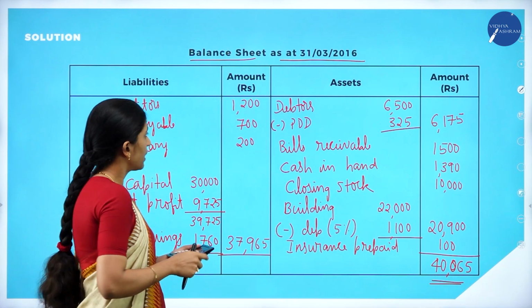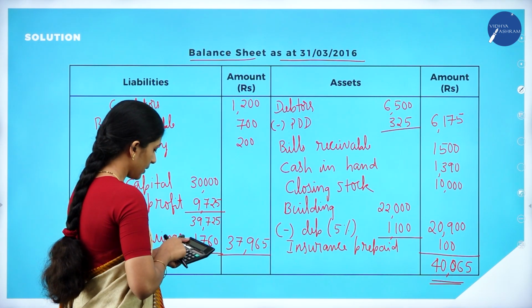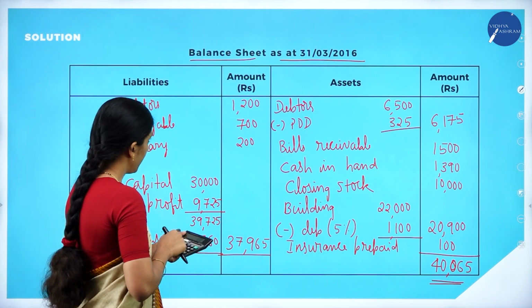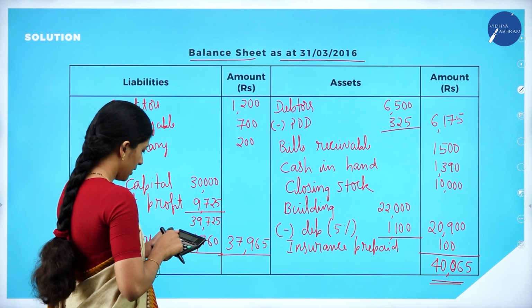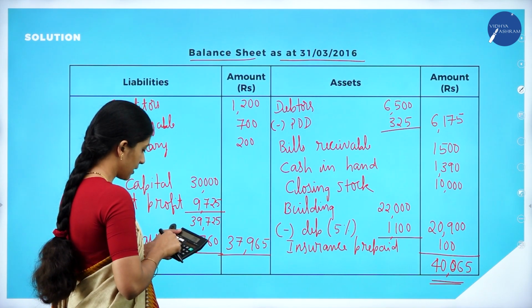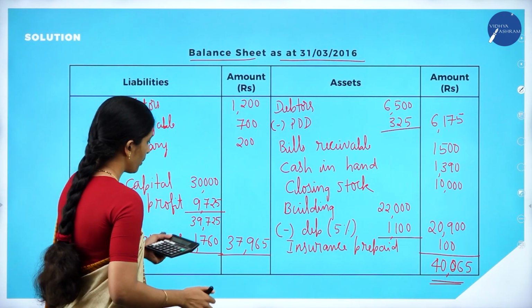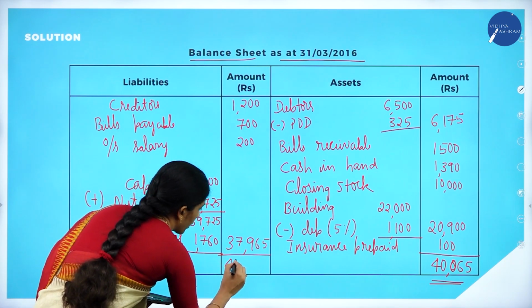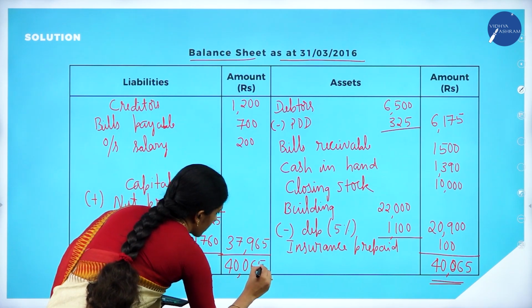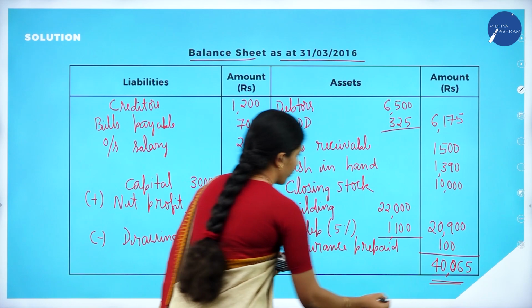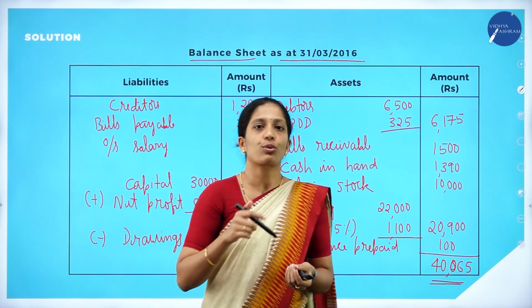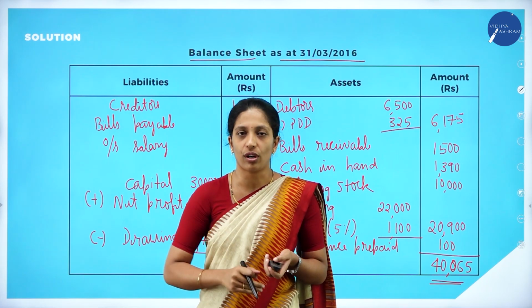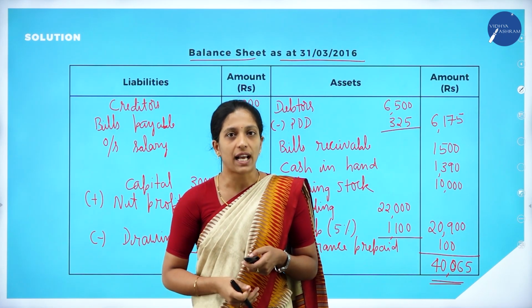Let us see whether it is correct on this side. 1,200 plus 700 plus 200 plus 37,965. So the same answer, 40,065. Both the sides are equal, which means that our answer is correct. The total of assets is equal to the total of liabilities. Our balance sheet has tallied here.